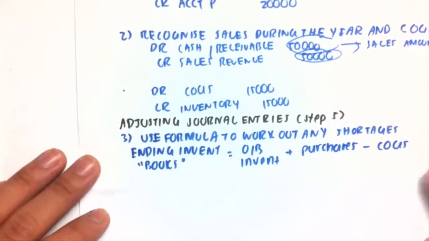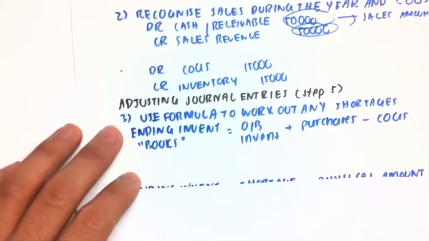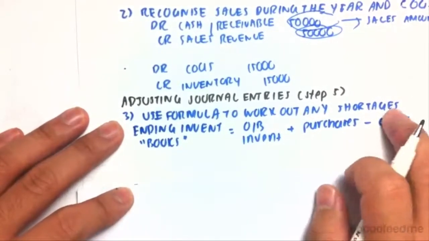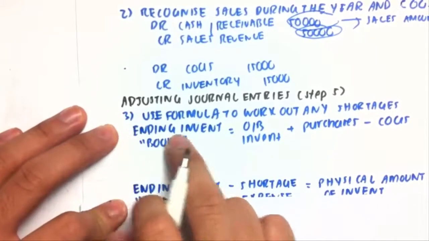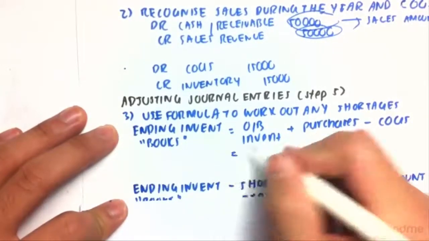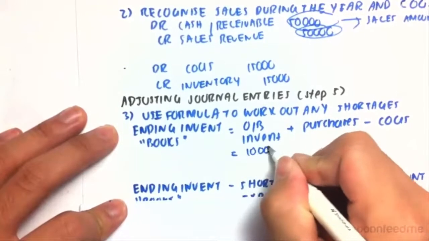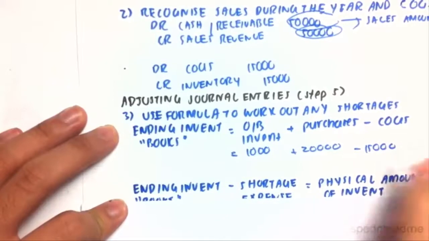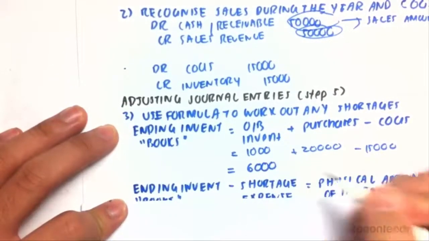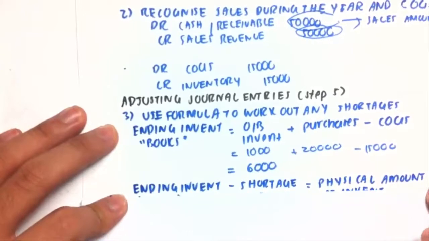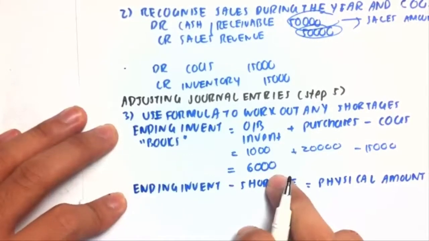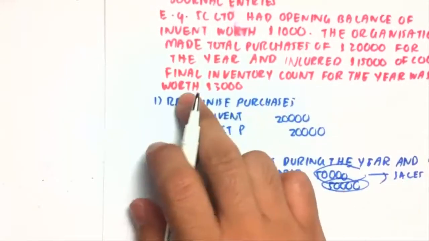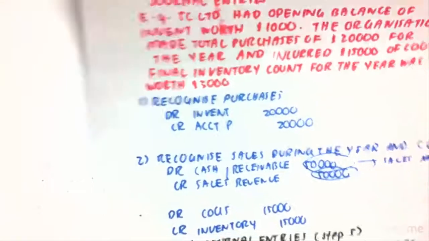Okay, so then after that final count, we'll just use the formula first to work out any shortages. We're going to start off with the ending inventory of books, so what that should equal. The opening balance of inventory was $1,000. Then we plus purchases of $20,000 minus $15,000 COGS. So in a perfect world, with no losses, no shortages and things like that, we should get an ending book value of inventory of $6,000. However, we're told in the question that this year we've only found $3,000 worth of inventory.